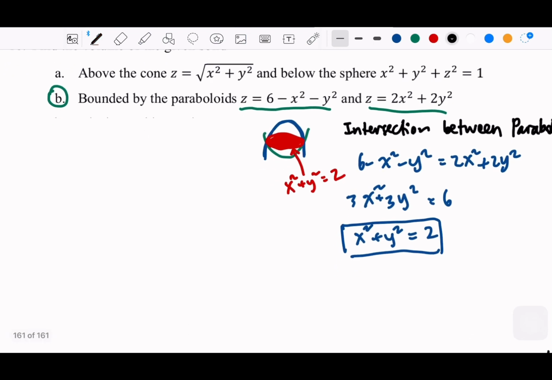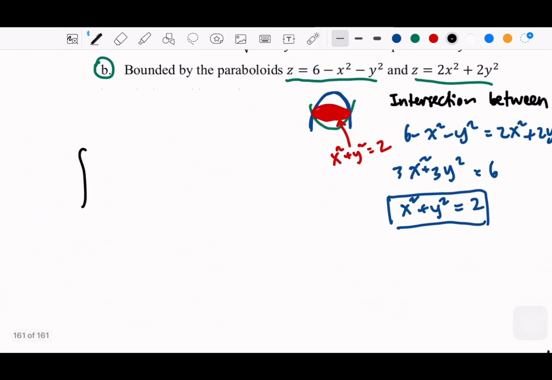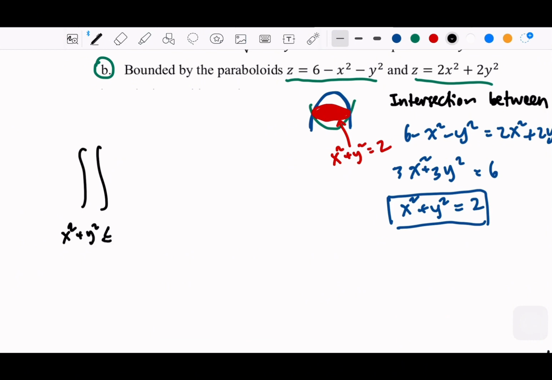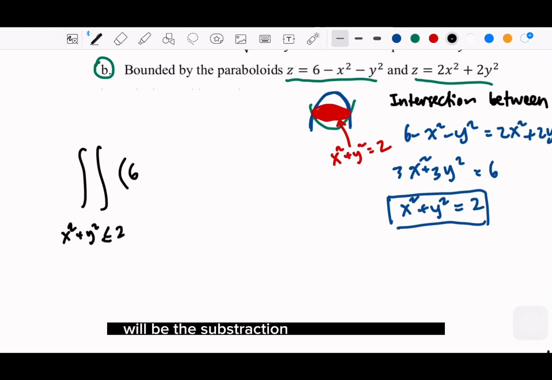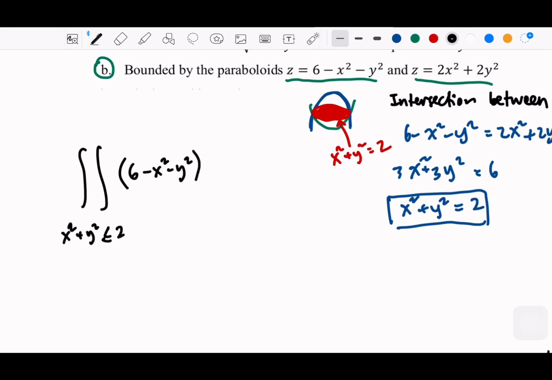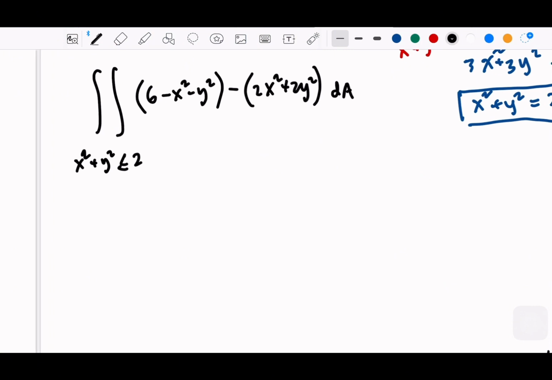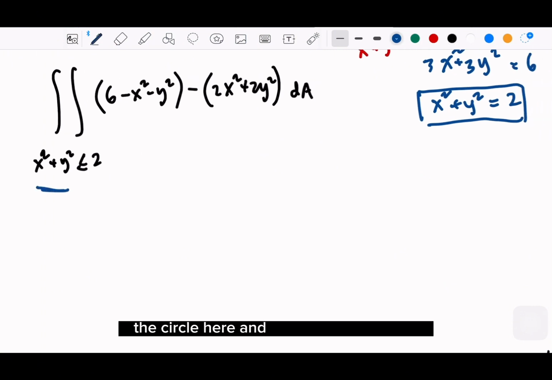Then we take the double integration of this area, and the volume will be the subtraction between these two paraboloids. The circle here and the paraboloids here all have something in common, which is polar equations.